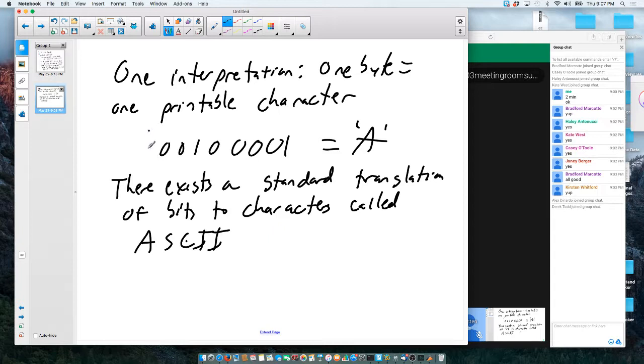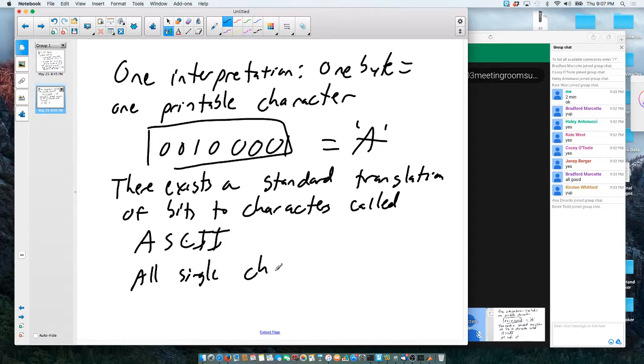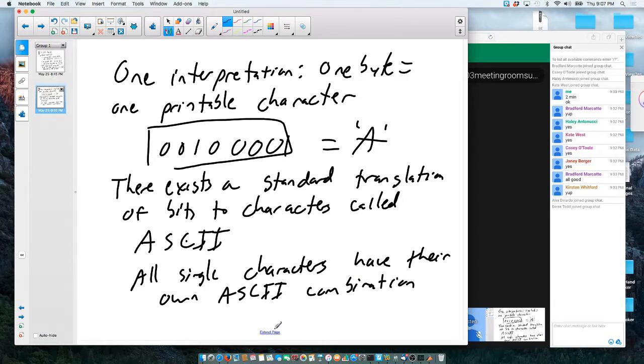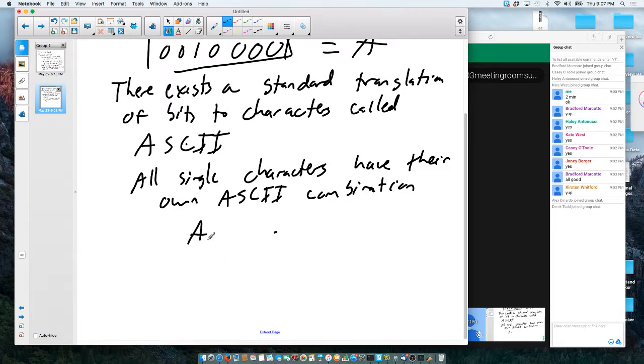So it actually turns out this bit pattern is capital A. There's a different bit pattern for lowercase a. There's a different bit pattern for the digit. So all single characters, in other words, anything you can type on a keyboard, have their own ASCII combination. And so letters have ASCII combinations, lowercase letters have ASCII combinations, single digits are things you can type on a keyboard and have ASCII combinations.